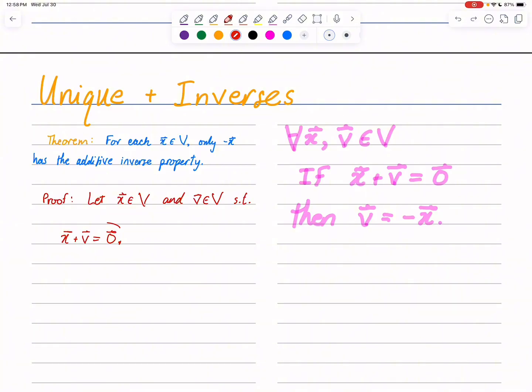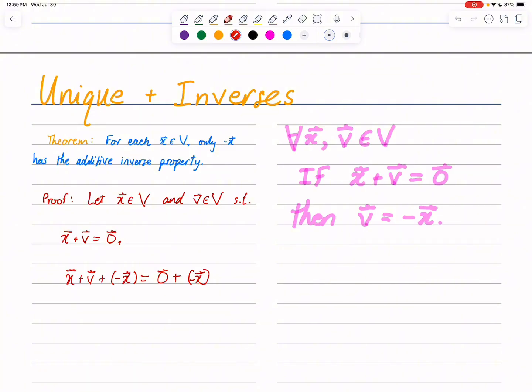So maybe if I start from knowledge of this equation, I could add the inverse to both sides. Because if they are equal to each other, then we must have that x plus v plus negative x is equal to 0 plus negative x.